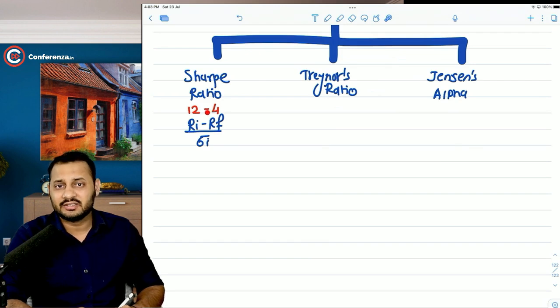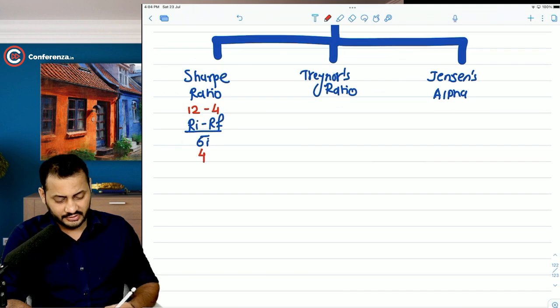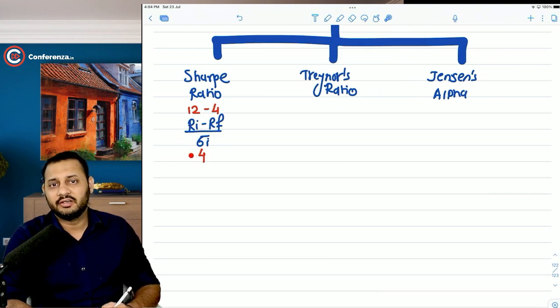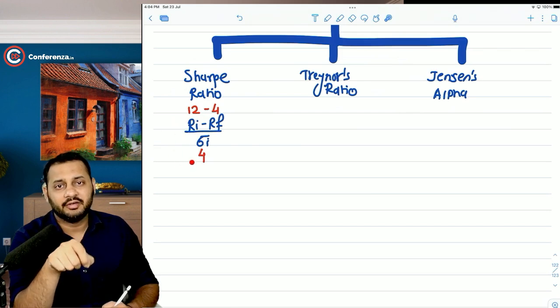And that risk is called the standard deviation. So if the standard deviation of that stock is 4%, can I say that I have 8% extra return on this stock for 4% of the standard deviation? This entire ratio will give you how much extra you are earning per unit of standard deviation.